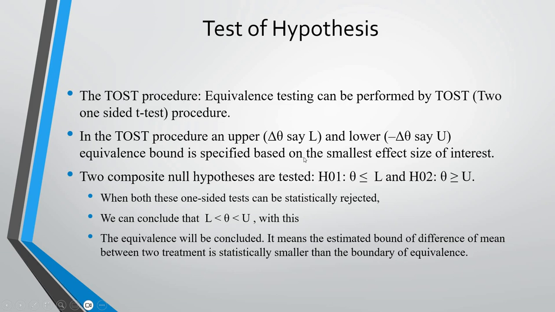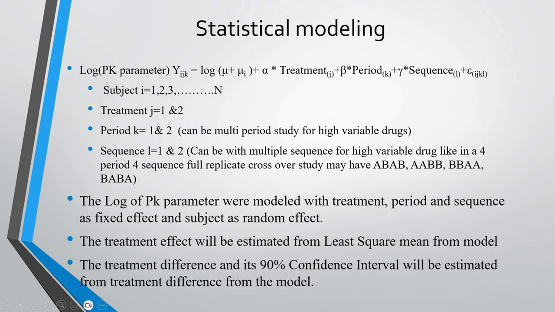The equivalence boundary is specified, and then you have specified your composite hypothesis and want to test it for rejection. Once you reject both, you conclude your parameter theta is within L and U, and that's exactly going to conclude your equivalence. Now see how we are going to do it.